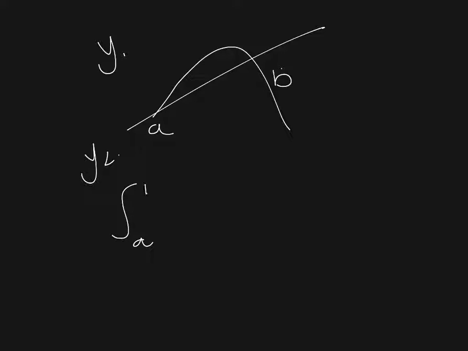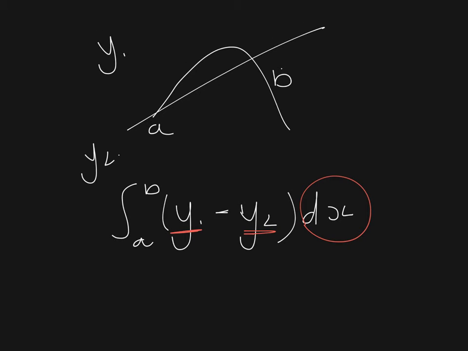So from a to b, your top curve or your top function, and top and bottom I'm talking in terms of your y value, minus the one that's lying lower in terms of your y, and then you're going to integrate it in terms of x, because remember these y's are going to be expressed in terms of x, so you're going to integrate in terms of x.